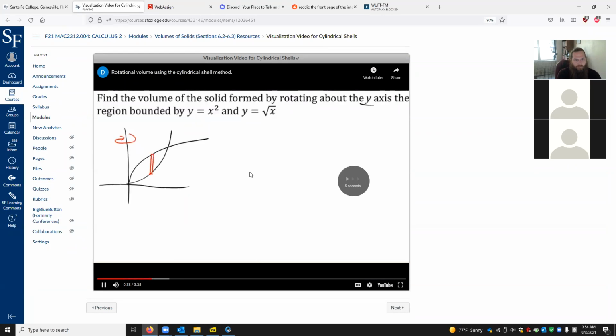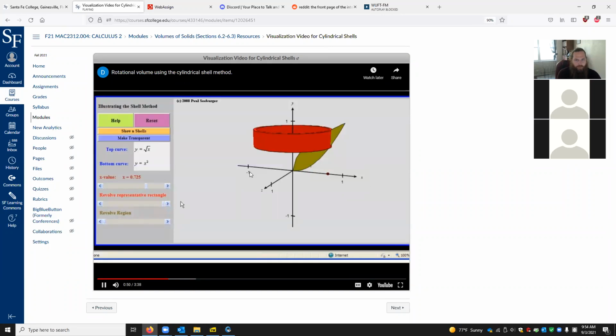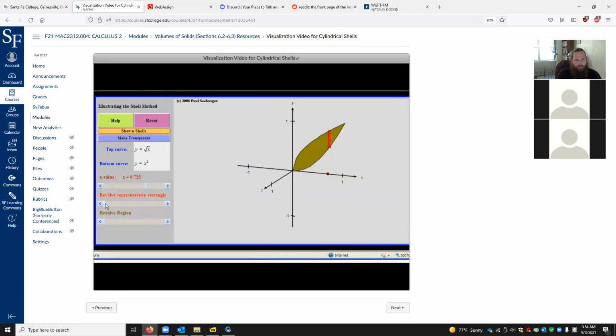I'm going to skip ahead. You can watch the whole thing if you want all the details, but here we go. Here's your region. There's your strip. And if you rotate just that strip, you produce this cylindrical shell. That's the thing whose volume we call dV. And then what the integral does is it adds up all those little volumes over all the possible strips.